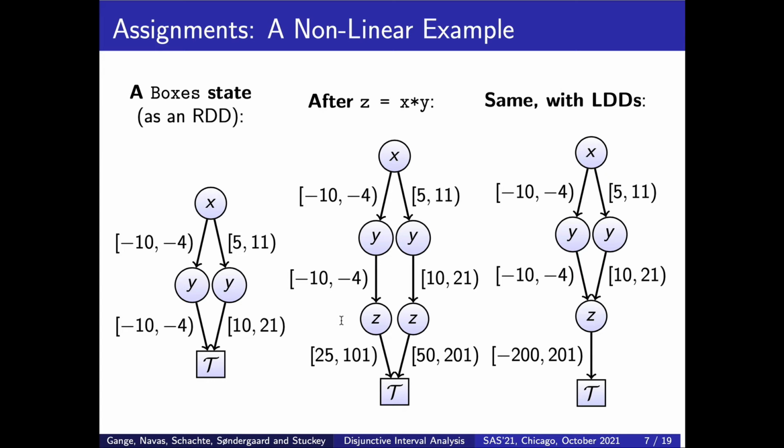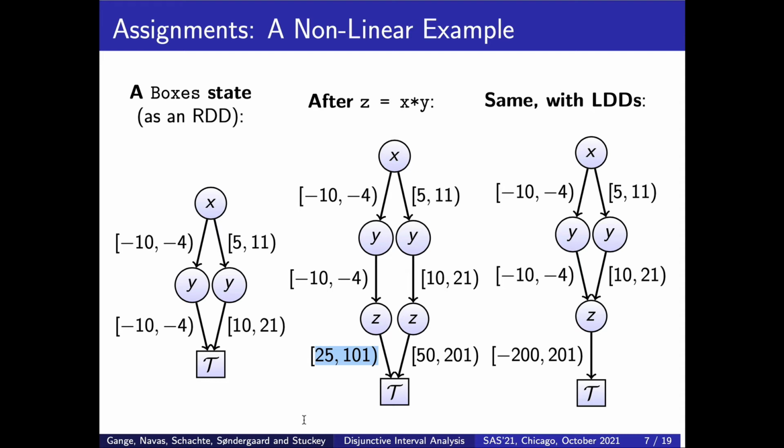If there was a set node already, we would project it out first. And now we can create a node for z, and we can evaluate for each branch. We now know the range corresponding to the expression x times y, and of course that will be what we get here.